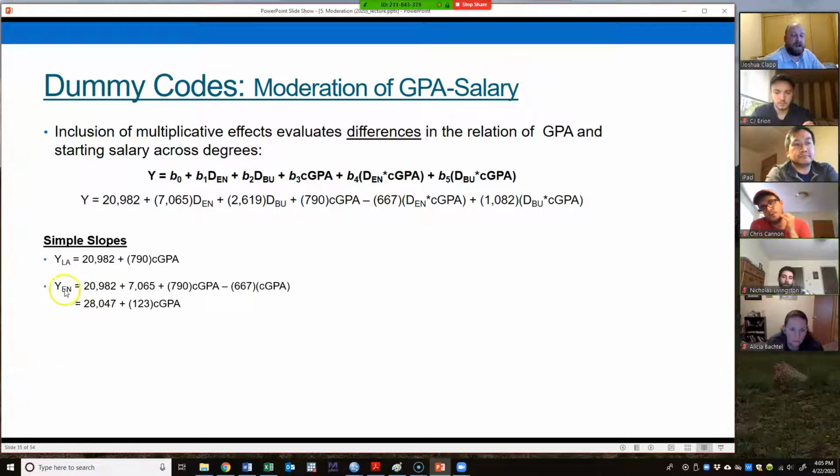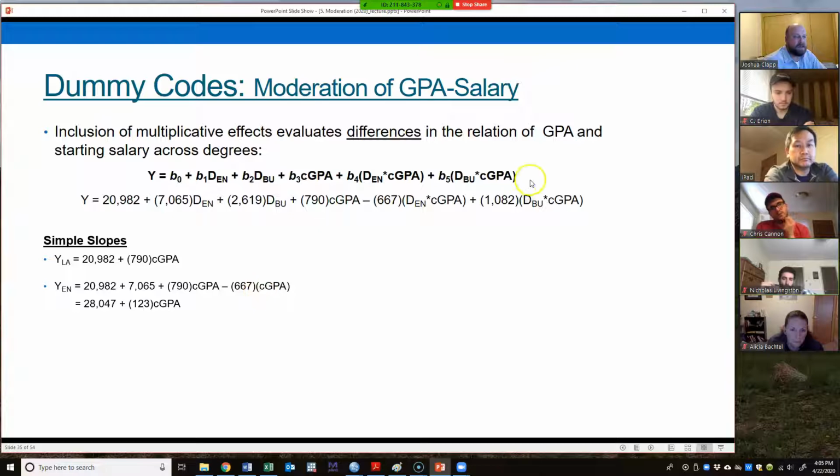I could also look at my conditional effect for the relation of GPA with outcome starting salary for engineers. Again, just drop down my intercept. Here's my coefficient for engineering. 1 goes in for engineering, so that just drops down to 7065 plus coefficient for GPA, minus, engineering goes in here, 667 times GPA.